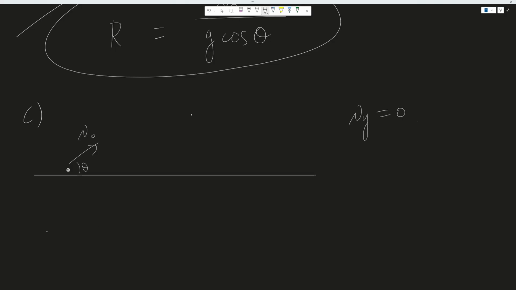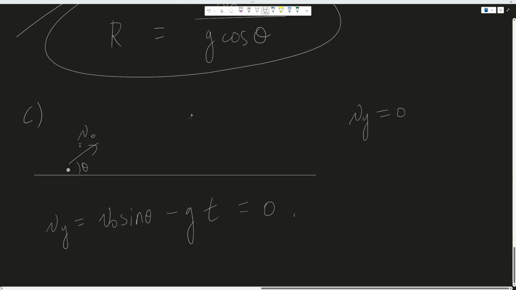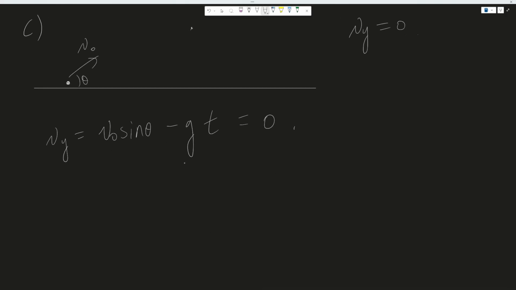So what is Vy? Well, Vy is just V naught sine theta minus gt. It needs to be 0 because at the top the y component is 0. So V0 sine theta equals gt, and t is just V0 sine theta over g.